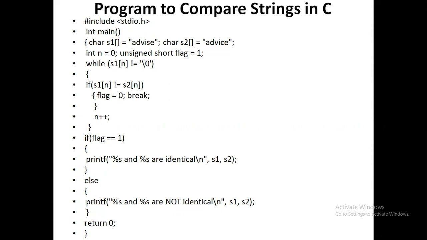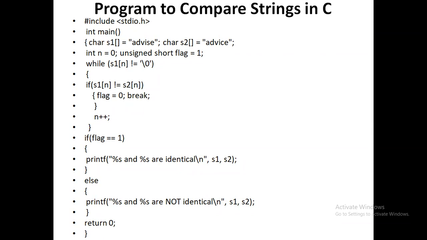Now I will be comparing two strings. If the two strings are the same, I will give the output as two strings are identical. If they do not match, I will give the output as not identical. So I will compare the starting element in string 1 and string 2 one by one.